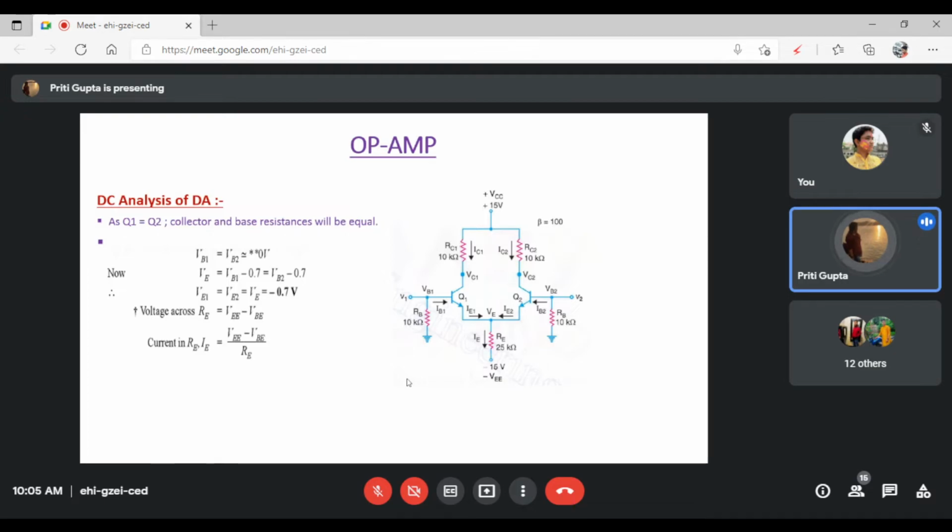So IE will be equal to voltage across RE divided by resistance RE. Voltage across RE is VEE minus V of BE, divided by resistance RE. That's it. IE is equal to VEE minus V of BE divided by RE. Also keep this one inside a box and then you can write down a problem.